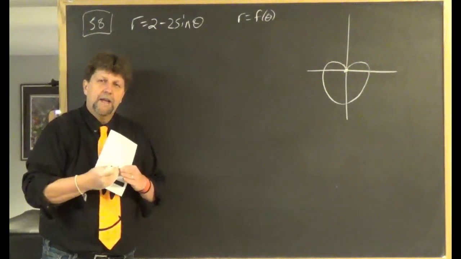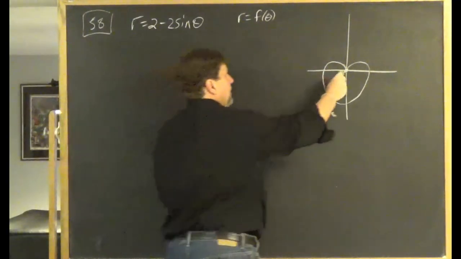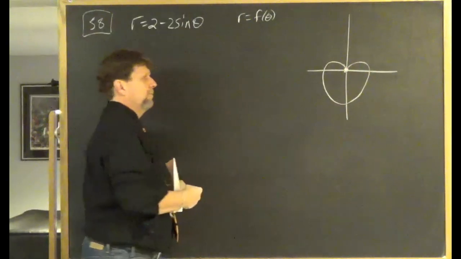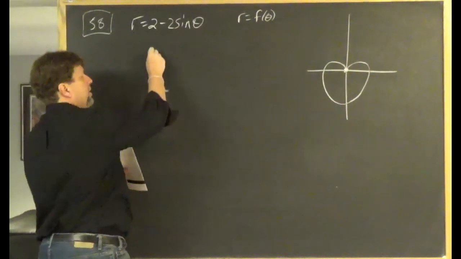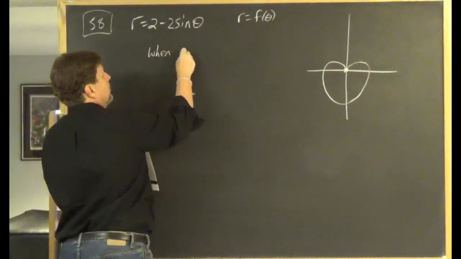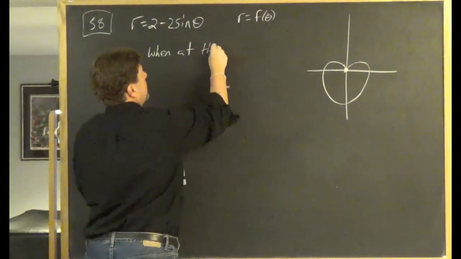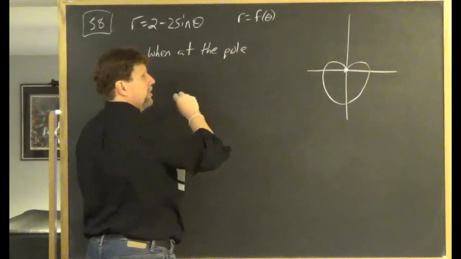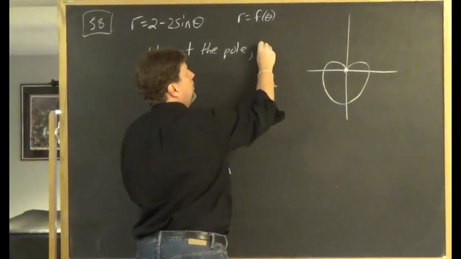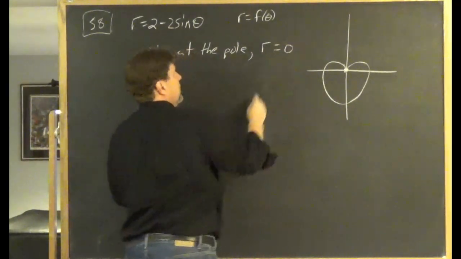So what values of theta have me at the pole? Well, think about it, folks. When you're at the pole, your distance away from the pole, r, is 0.